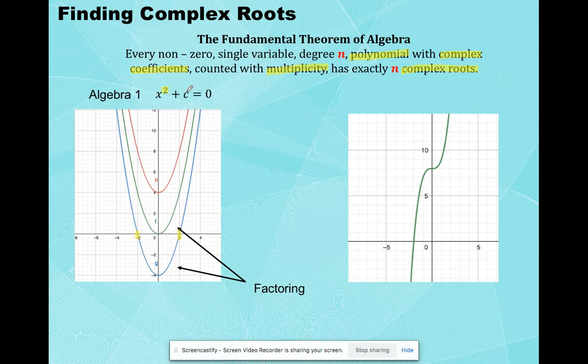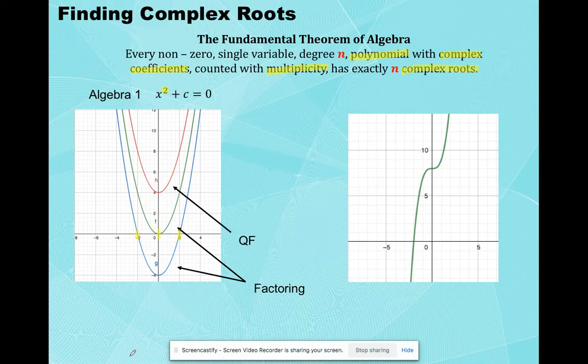They're also complex, but they happen to be real. This parabola, x squared plus 0, only has one x-intercept, but there are 2 zeros because the factor 0 happens twice. So that's a zero with multiplicity, an x-intercept with a multiplicity of 2 to match the fact that there are still 2 zeros.